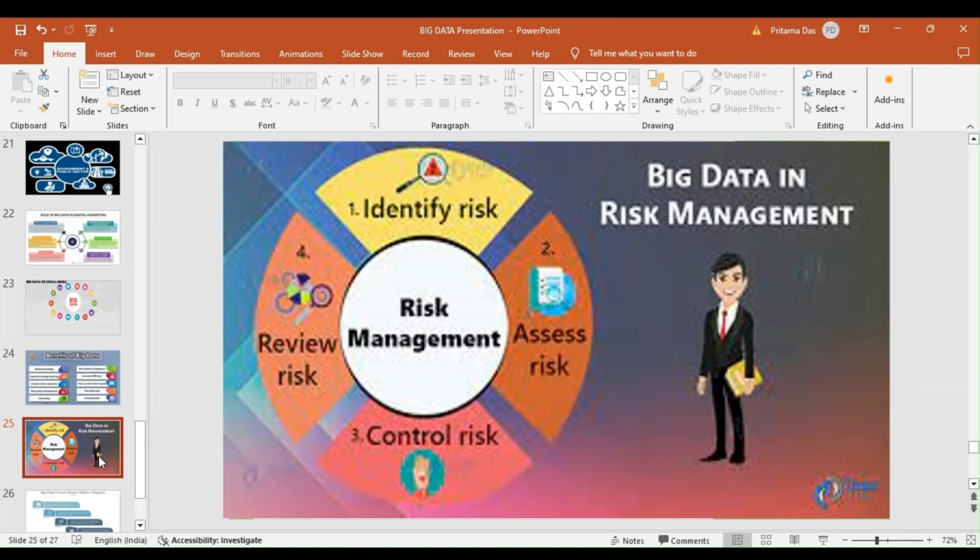Then control risk. Controlling risk involves implementing measures to mitigate, monitor, or manage identified risks, like risk transfer, feedback loops, training and awareness, etc. So these are the big data in risk management.